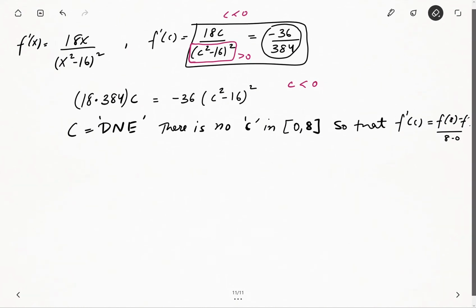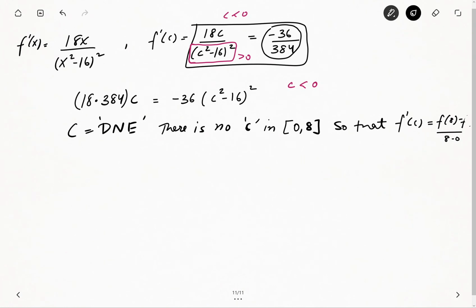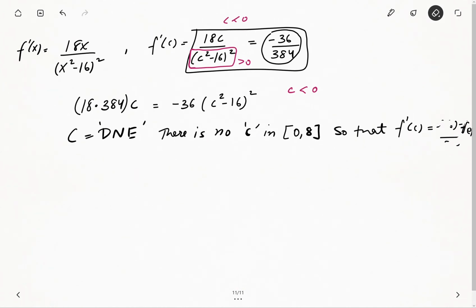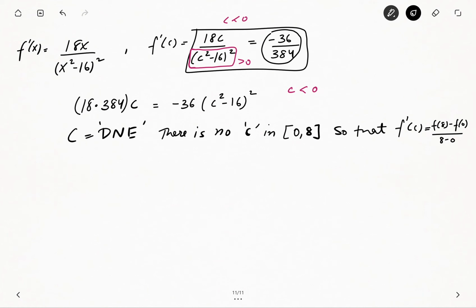Let me rewrite that to avoid confusion. Because we figured out c has to be negative in order to make it true, but 0 to 8 is only positive numbers up to 8. So we can conclude there are no values to satisfy the mean value theorem here.